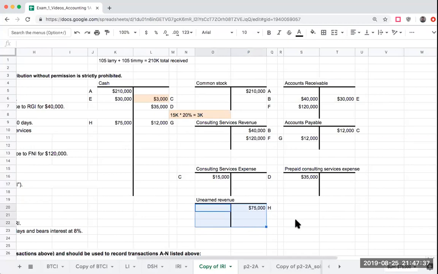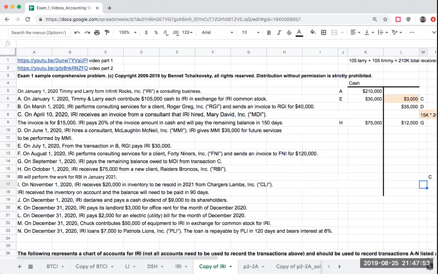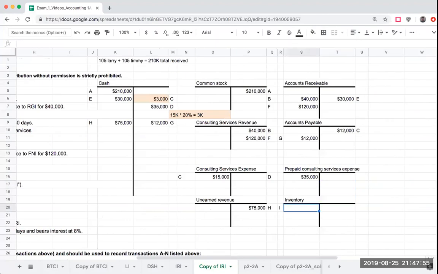An asset. I'm getting an asset in the form of what? Inventory. And the amount of inventory that I'm receiving is how much? $20,000. So I'm going to go ahead and debit inventory.